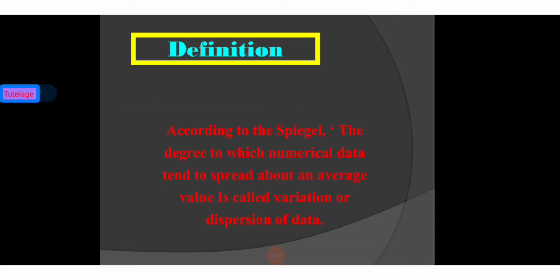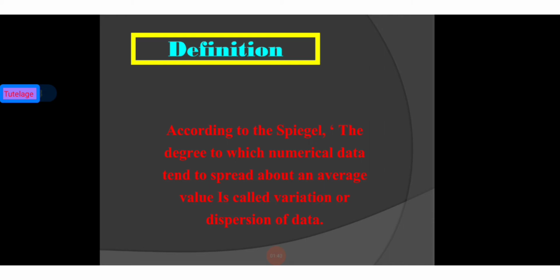So here this is a slide for the definition of measures of dispersion. So we have already told that the measures of dispersion are basically the other types of measures to supplement and strengthen the representative nature of the measures of central tendency, and these other measures are called measures of dispersion.